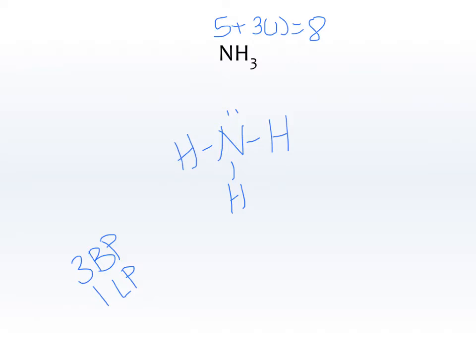So what you should be seeing is 4 total areas of electron density around this nitrogen. 3 of them are hydrogens, bonding pairs, and 1 of them is a lone pair. So it's kind of going to look like your tetrahedral that you already had, except replace one of the hydrogens on the CH4 with a lone pair. That's going to repel the bonding pairs more than the bonding pairs repel each other.